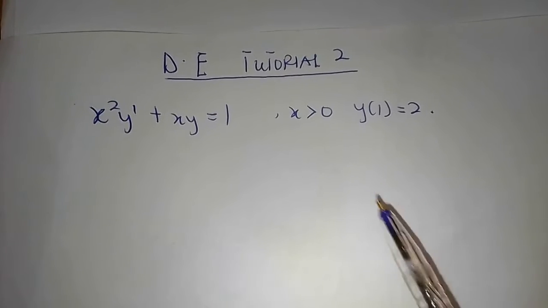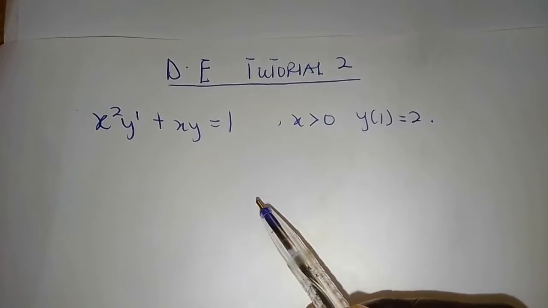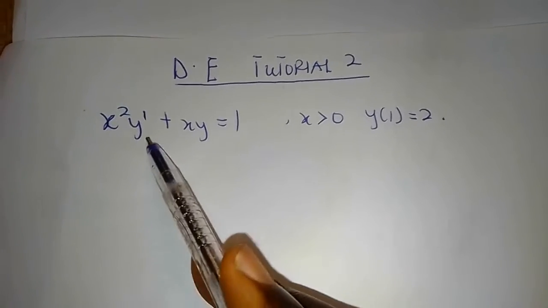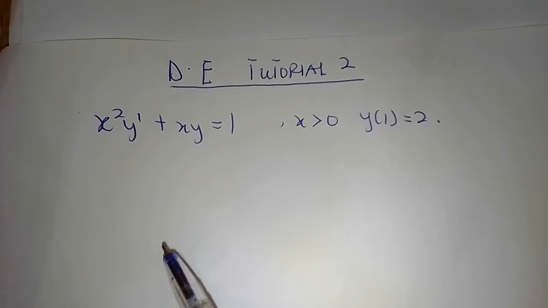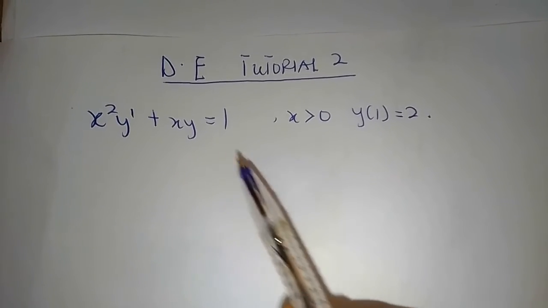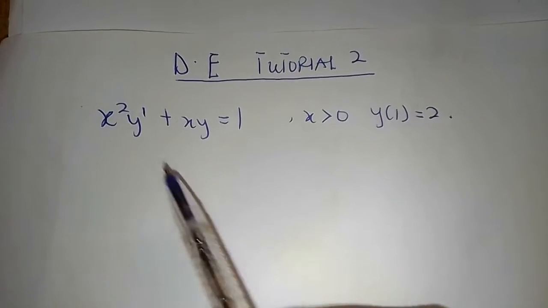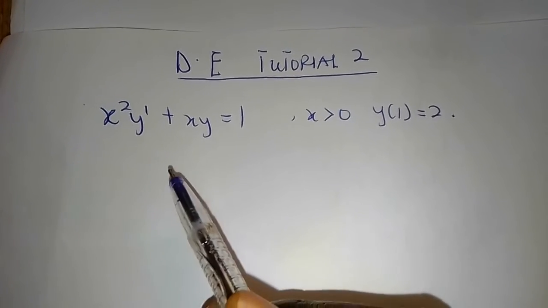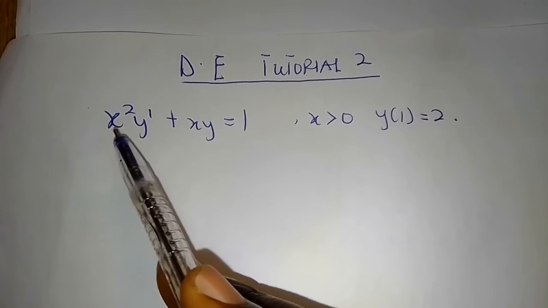To go about this, we have to make sure that the coefficient of y prime is 1. That is a condition in a first order linear differential equation. So we divide through by its coefficient, which is x squared.